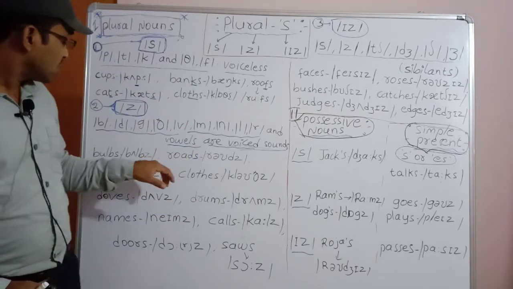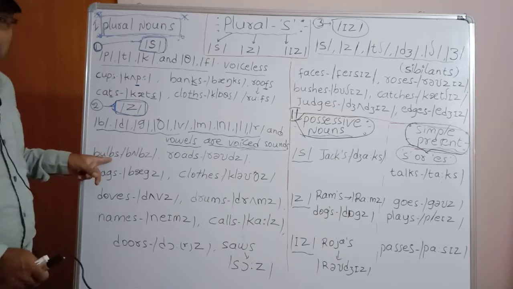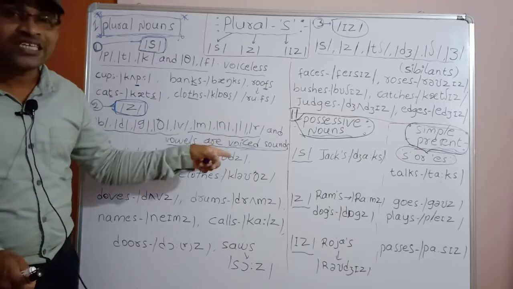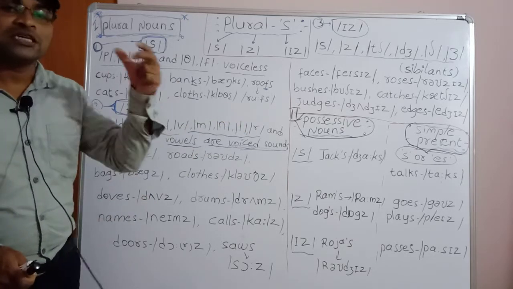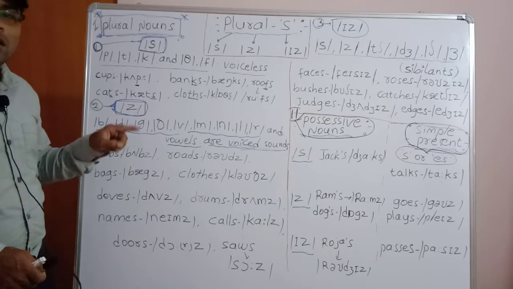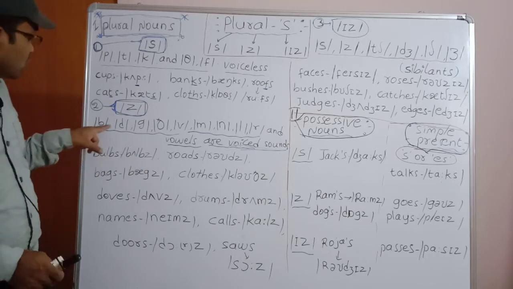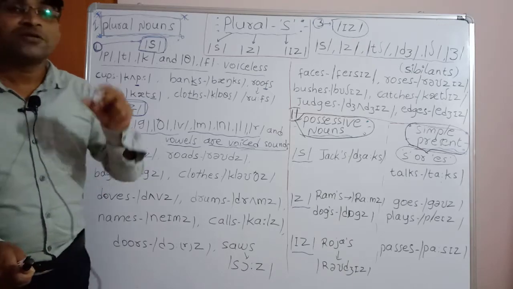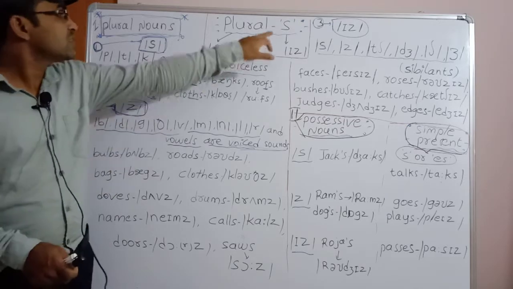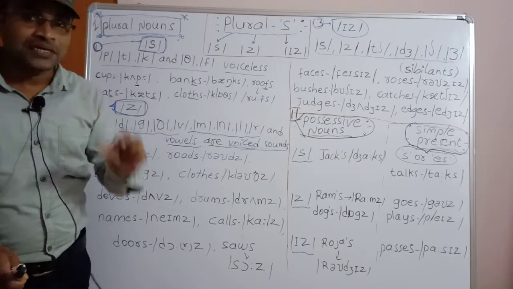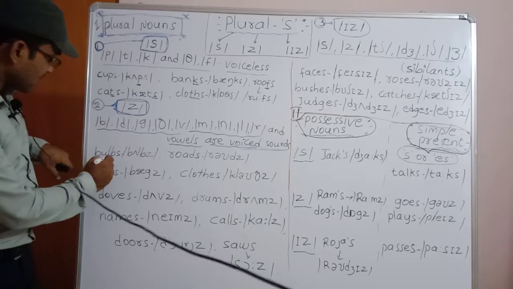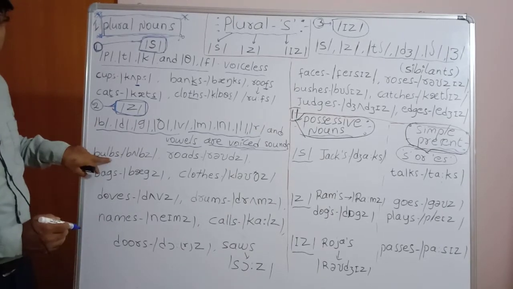If the last sound of the noun is one of these voiced sounds before the suffix is added, the suffix s is pronounced as z. Bulb, b.